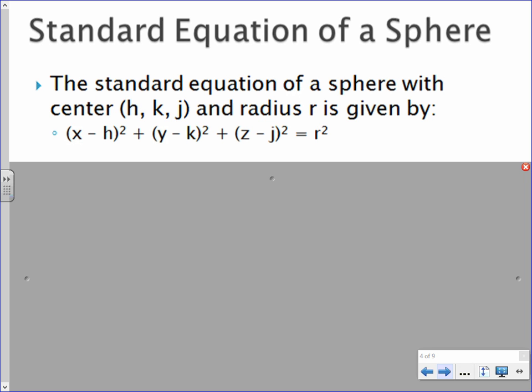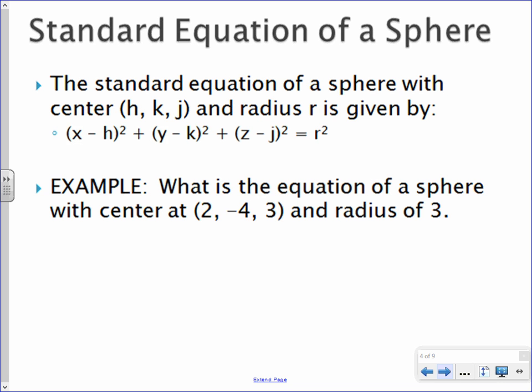So if we have a sphere with center 2, -4, 3, and radius 3, I would not write all that down. What I would write is center equals (2, -4, 3) and radius equals 3.